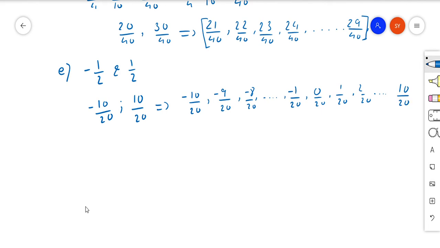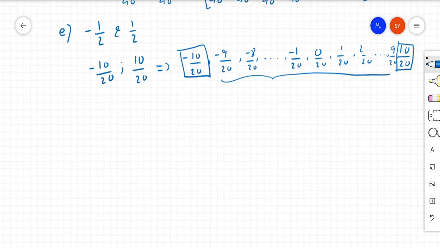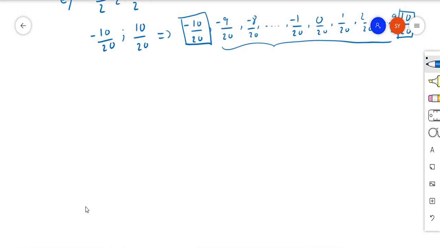Before that it will be 9 by 20. So all these numbers are between half and minus half. You can take any 5 numbers. All right, this is for E.